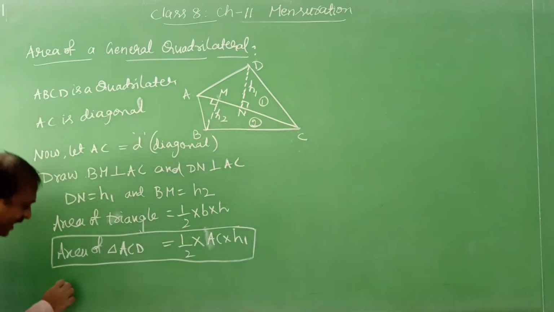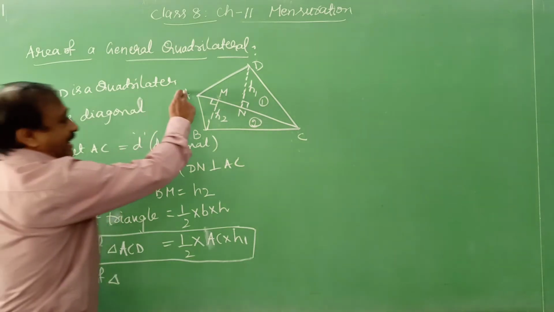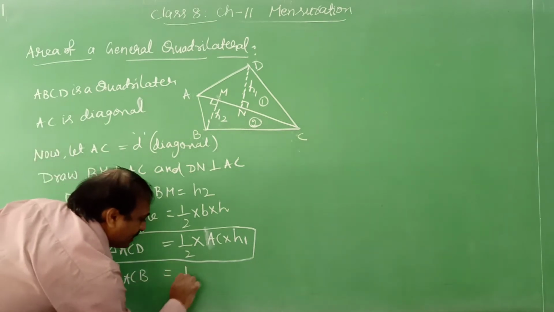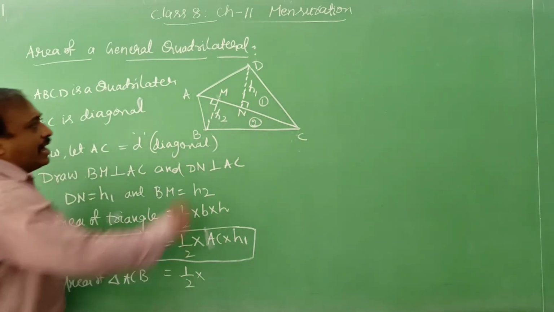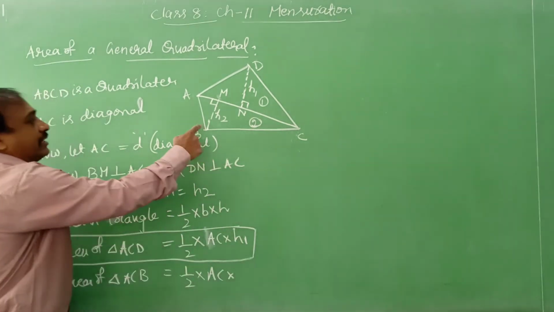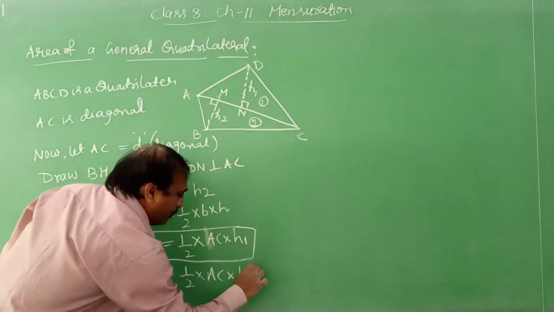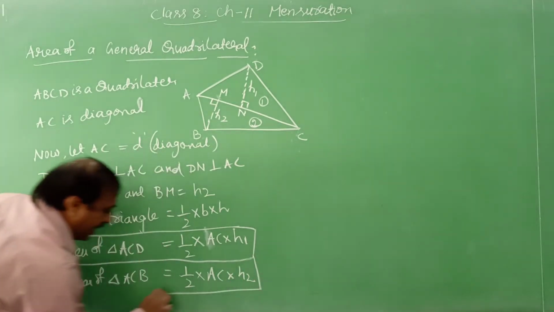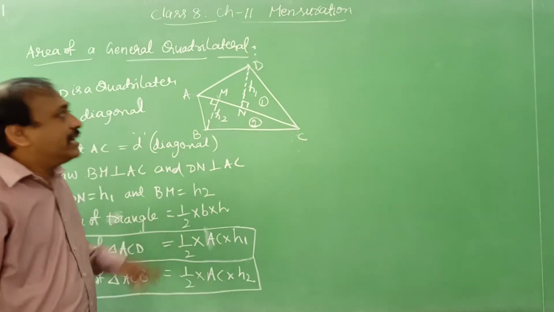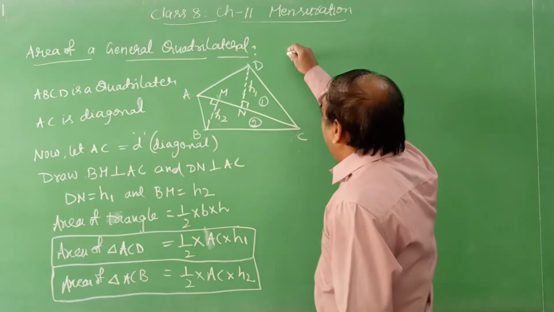Now the area of triangle ACB is equal to half into the base, which is again AC, the same base, into the corresponding altitude H2. Now if you add these two, you get the area of the quadrilateral.